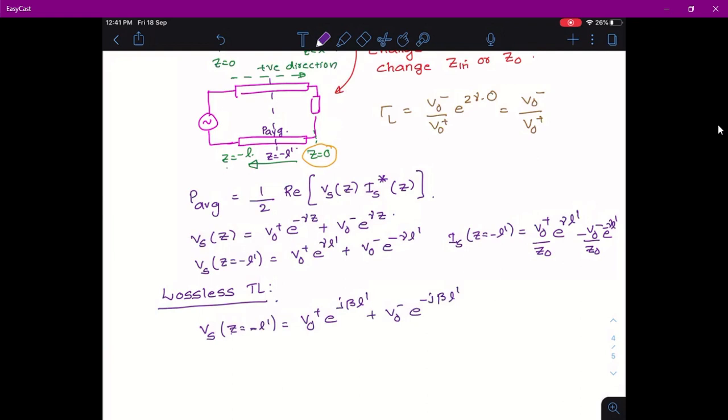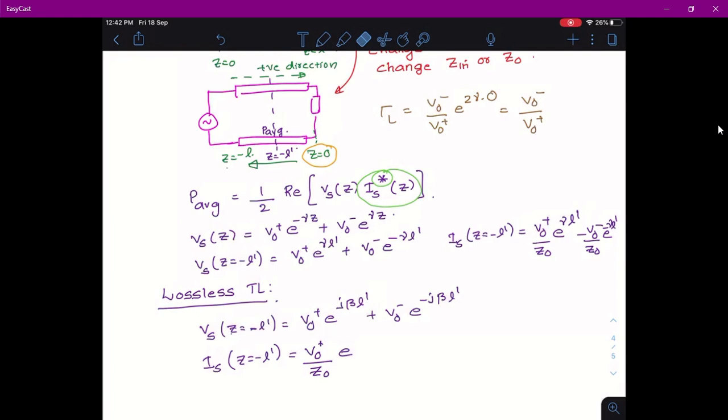And considering Is, you see there is a conjugate at the top. So, what is Is conjugate at Z equal to minus L dash? Let me write it without the conjugate so that you will understand.